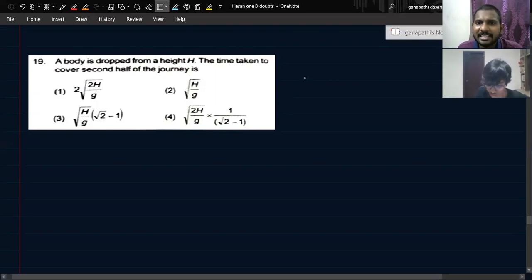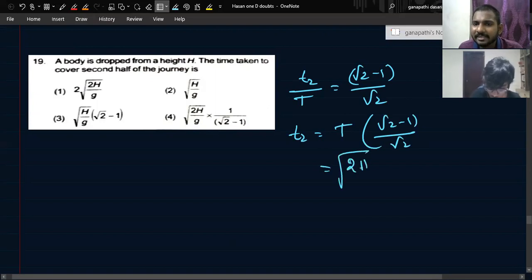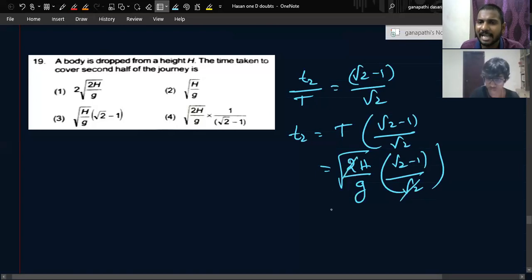You got it? That is nothing but the previous question. T2 by capital T is equal to root 2 minus 1 by root 2. T2 is equal to capital T into root 2 minus 1 by root 2. That capital T is nothing but root 2 h by g. So you can see this root 2 and this 2 can be cancelled. It is exactly similar to the previous question, whereas capital T is root 2 h by g.